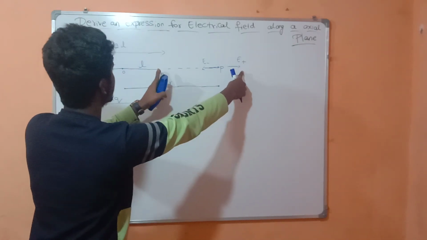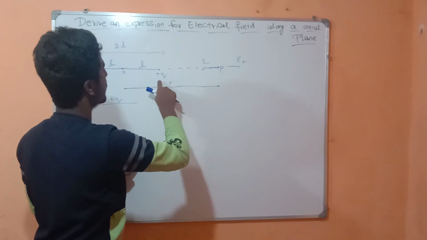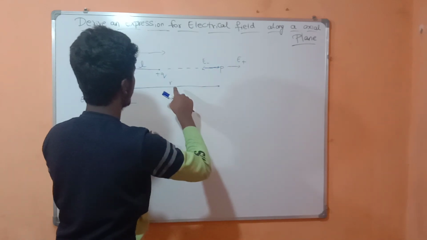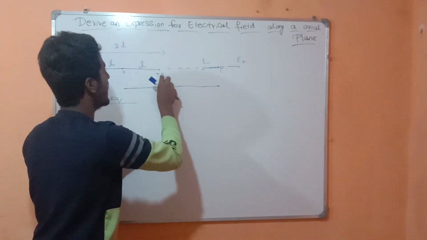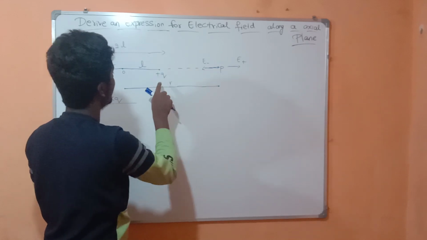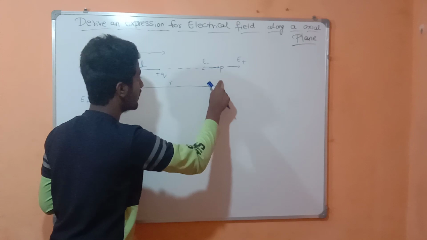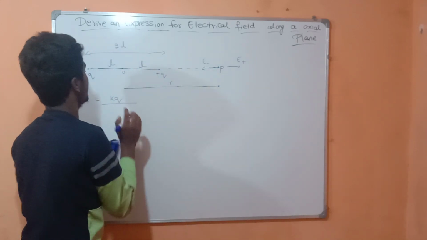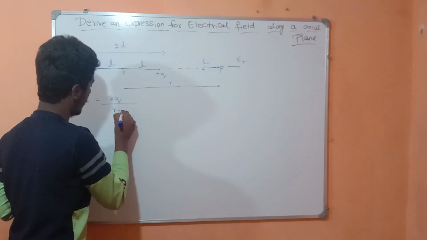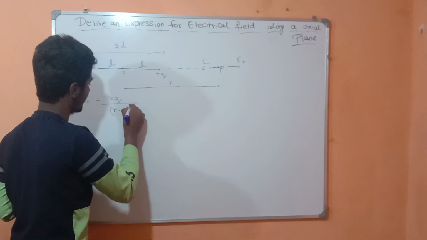It will repel from positive to positive. The total length is R. What will be the distance between the positive charge and the point P? It will be R minus L. R minus L, and you all know that we have to square it.